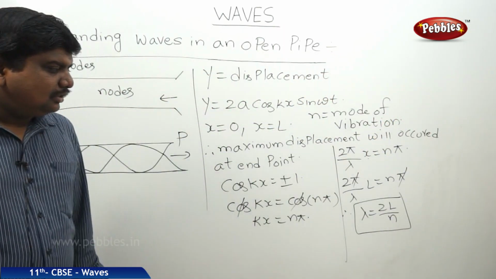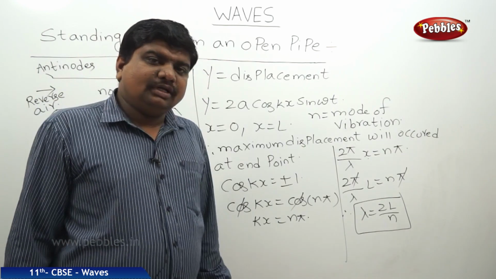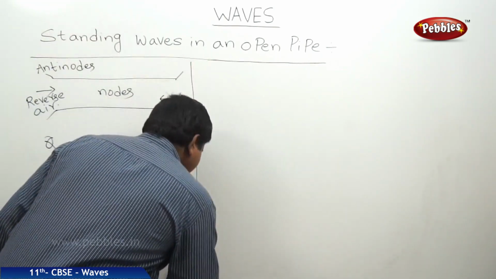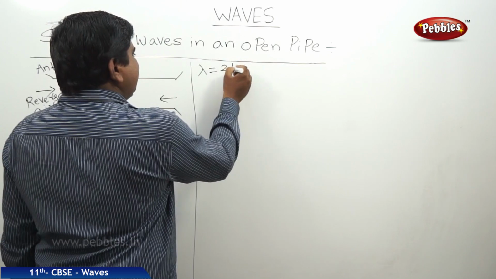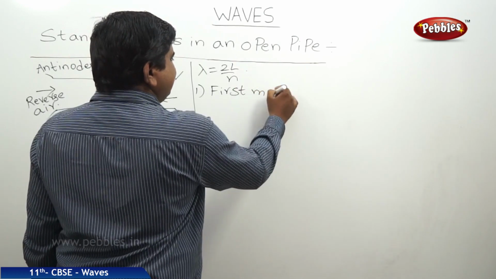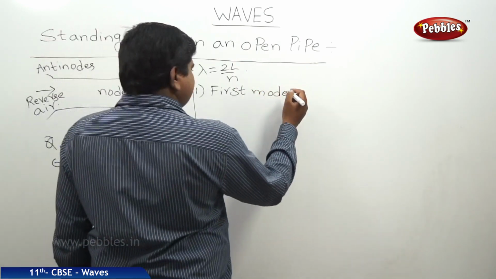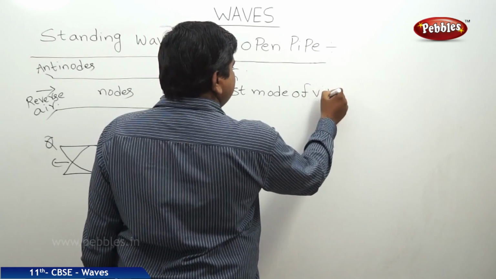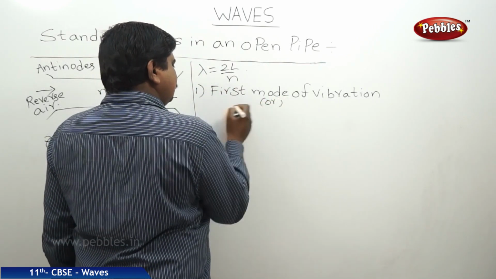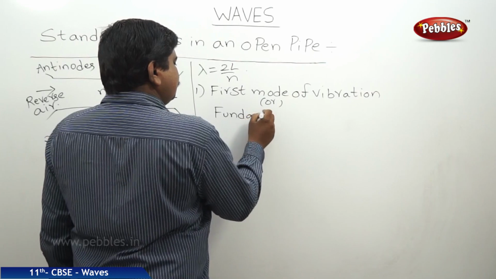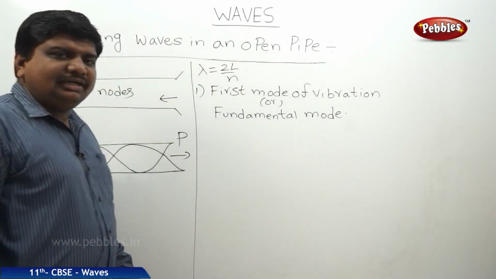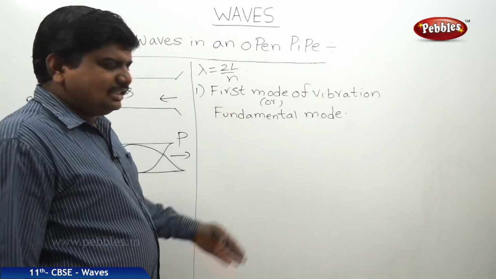Now, we will find the frequencies of the first mode, second mode and third mode in the case of the open pipe. So, we got lambda is equal to 2L by n. We are finding the frequencies of all modes of vibration. First is the first mode of vibration. This is also called the fundamental mode, with which the fundamental frequency is associated.